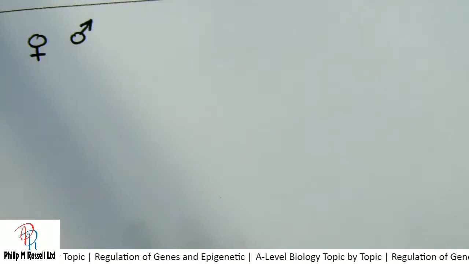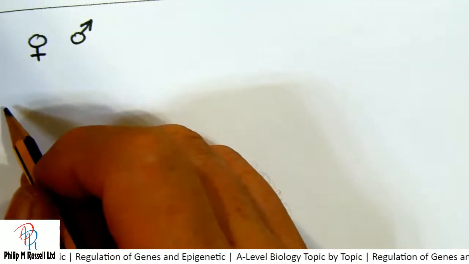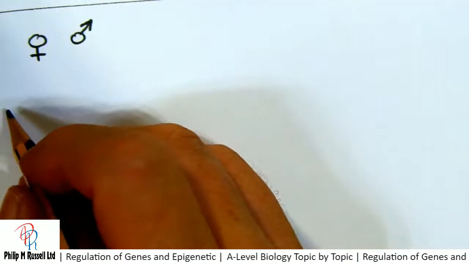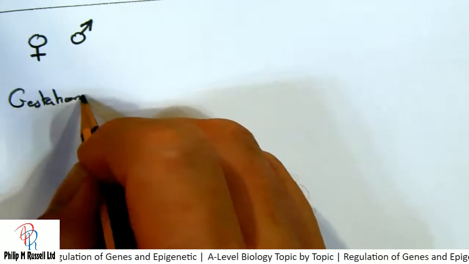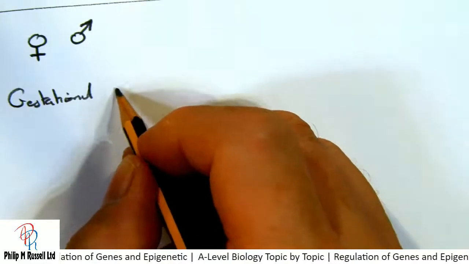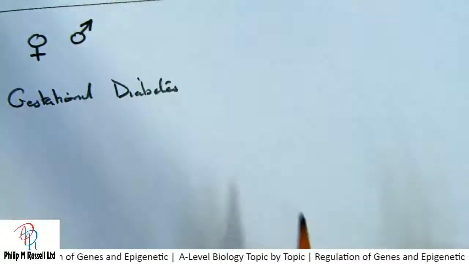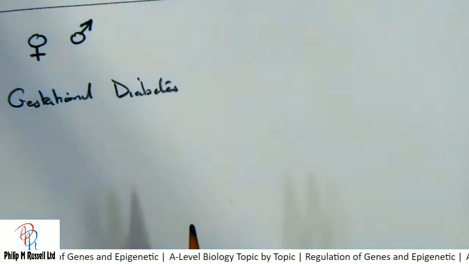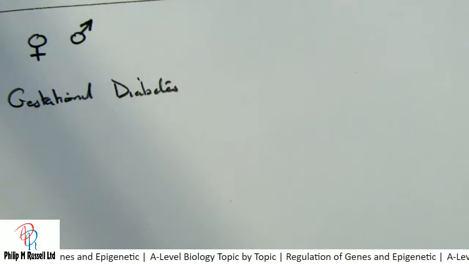Well, there's something we meet in humans, and this is called gestational diabetes. Gestational diabetes means that the fetus will be exposed to high concentrations of glucose.